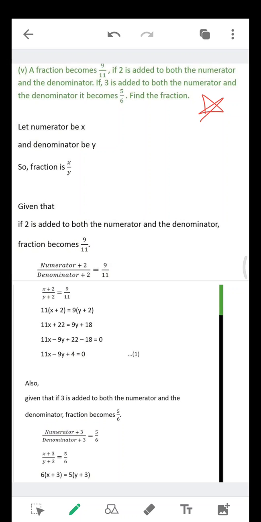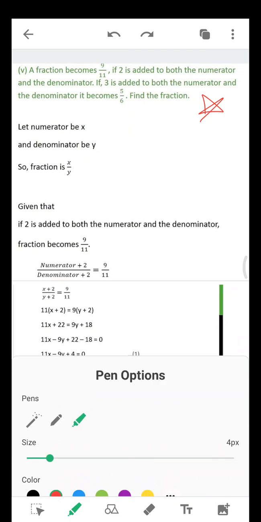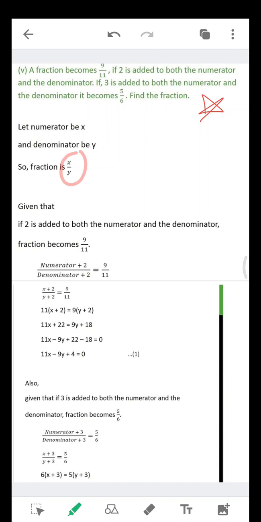That fraction will become 9 by 11 if 2 is added to both numerator and the denominator. Okay, so we'll begin like this. Let the numerator be x and the denominator be y. Okay, and the fraction will be x by y. Okay, what will be our fraction? X by y.